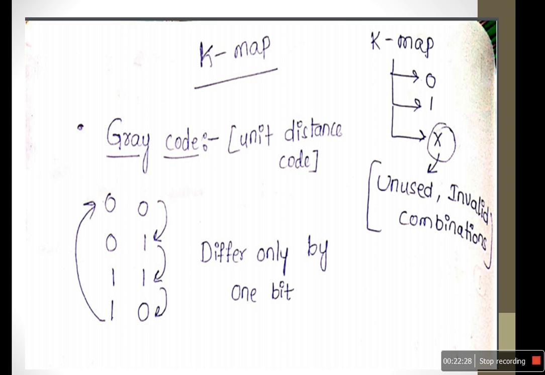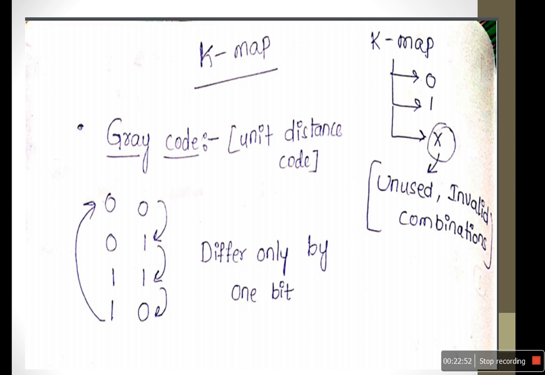Whenever the number of variables increases, to reduce the expression we go for the K-map, because with a large number of variables, reduction of the expression by Boolean algebra is somewhat difficult. That's why we go for the K-map. In K-map we use the gray code.